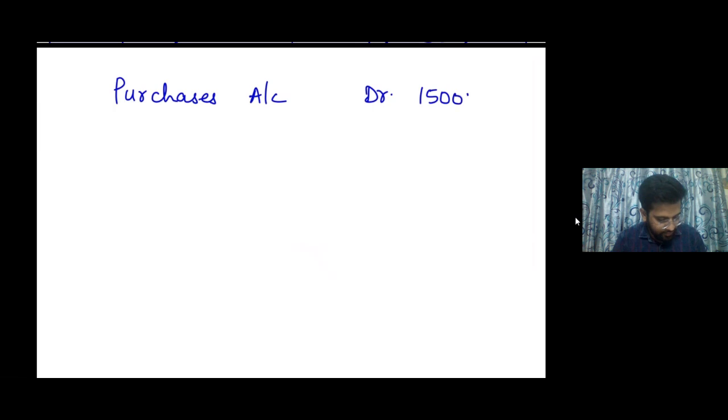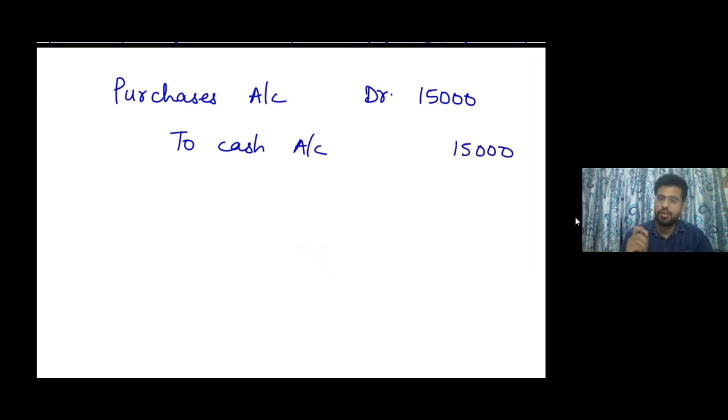The misconception which some students have made: they have mentioned the entry as purchases account debited for 15,000 to cash account. The credit effect to cash account 15,000 is 100% correct.